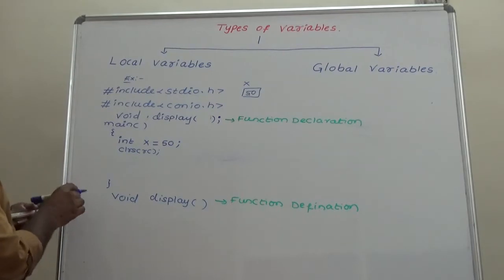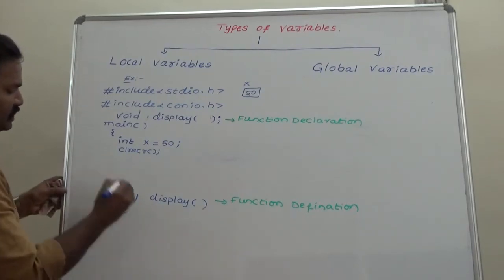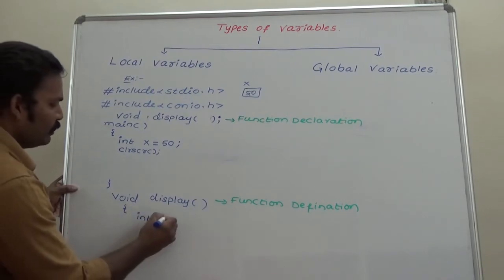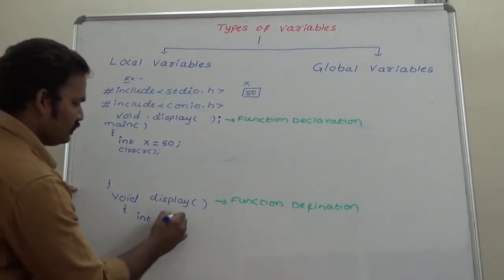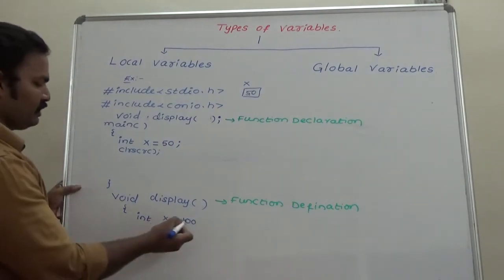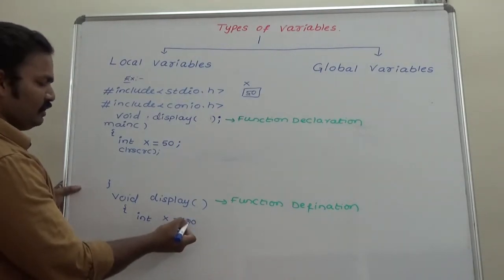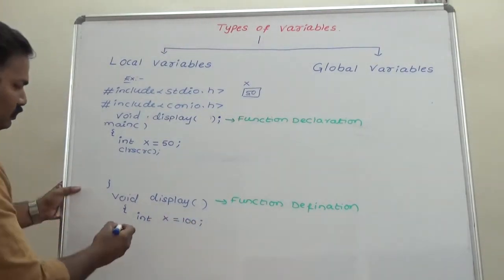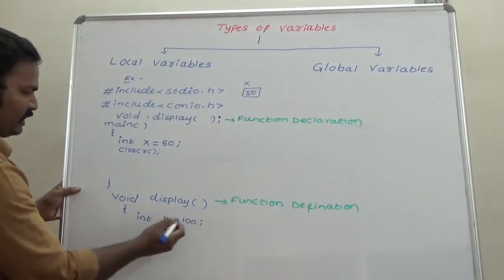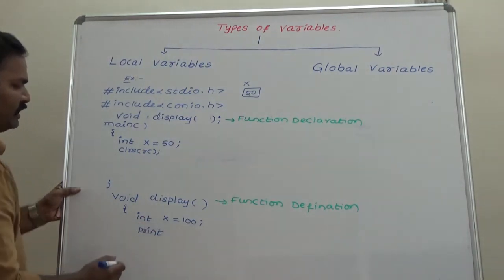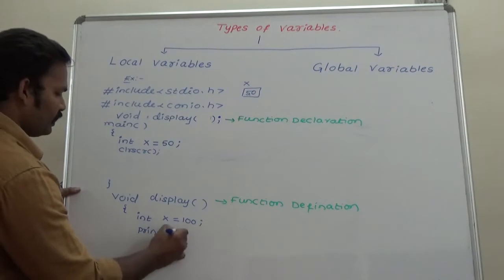Here in main function I am declaring one variable x, and here I am assigning value 100 to x variable. After the declaration statement I am trying to print x value on the screen, printf.